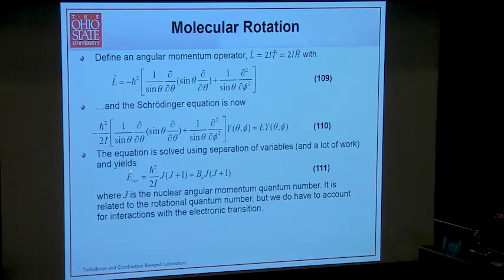Really what it is, we have the reduced Planck's constant, we have 2 over I, and we have J times J plus 1. And J is the nuclear angular momentum quantum number. It's related to the rotational quantum number, but we haven't taken into account any interaction with electronic transition, so it's technically a different J, okay? We'll come back to that at the end.